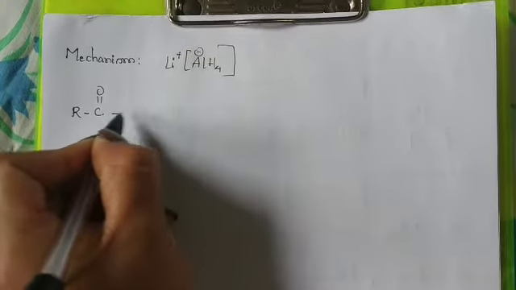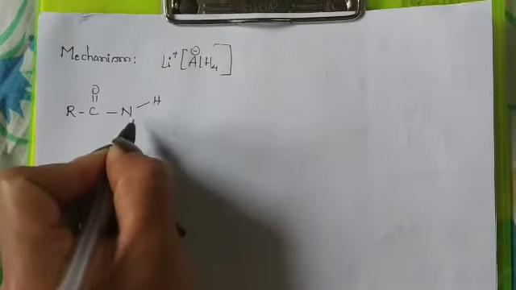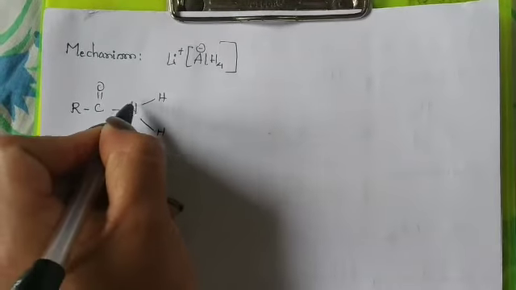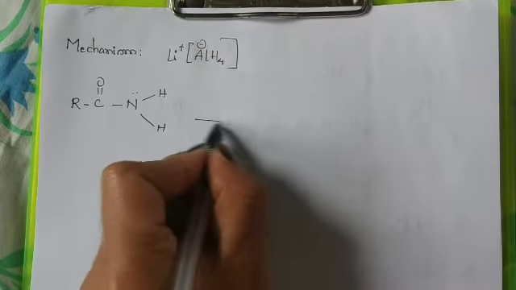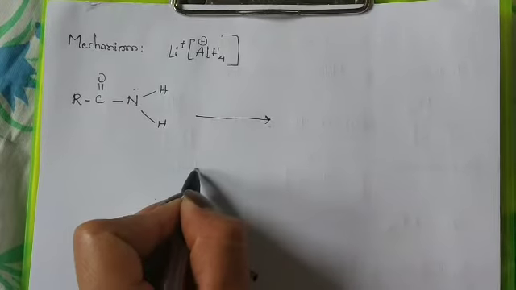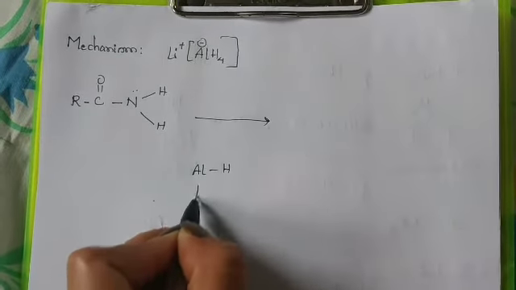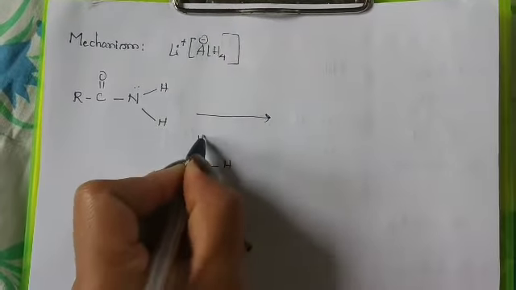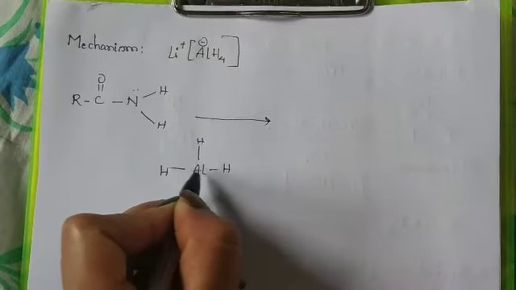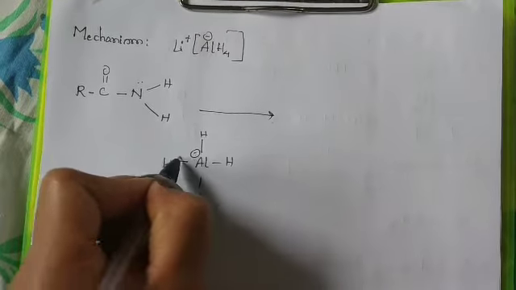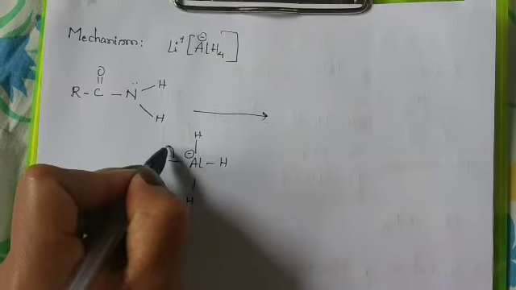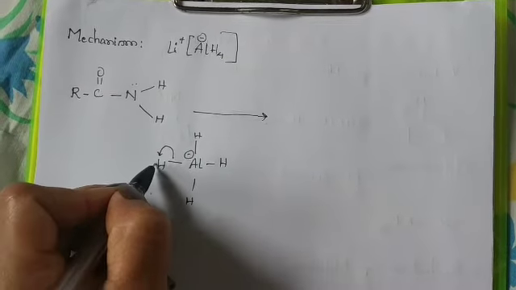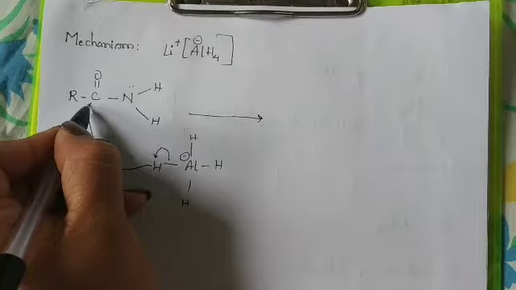This is our amide, nitrogen having lone pairs. Now, this hydrogen atom along with its bonding pair goes and attacks the carbon atom.